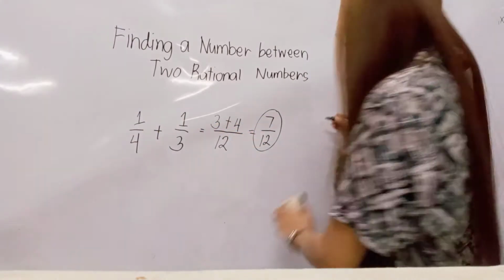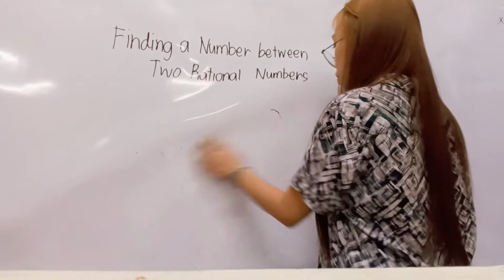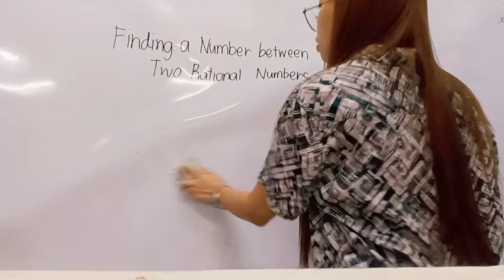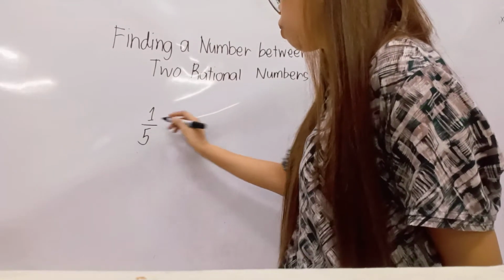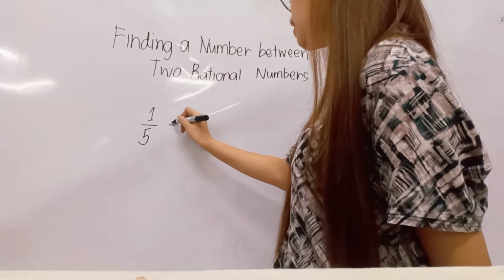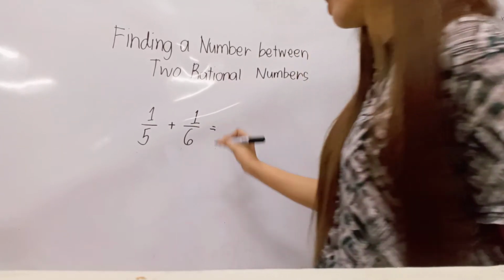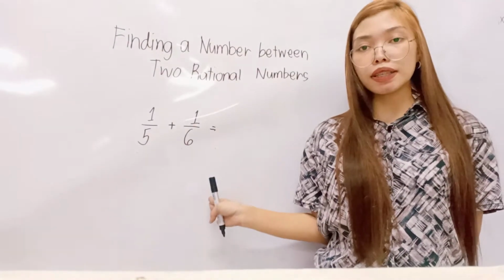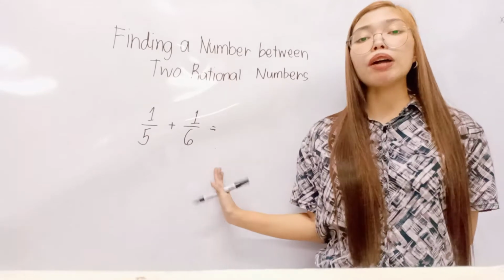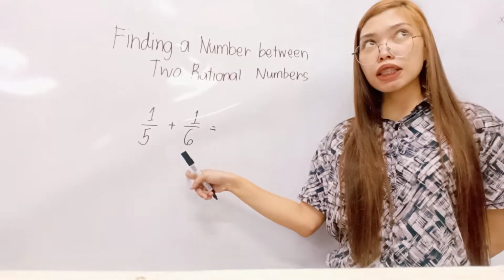Okay? So, another example. Example, 1/5 and 1/6. So how are we going to find a rational number between these two rational numbers? So the same process as what we did a while back, we have to add them first.